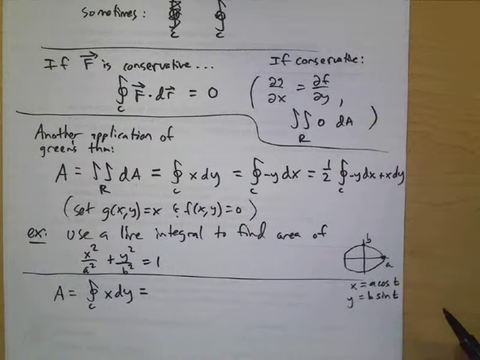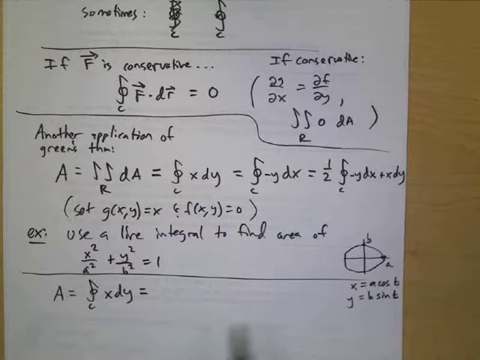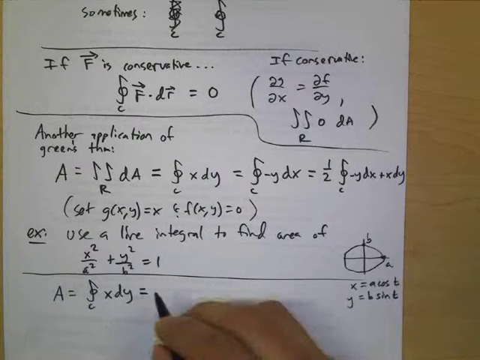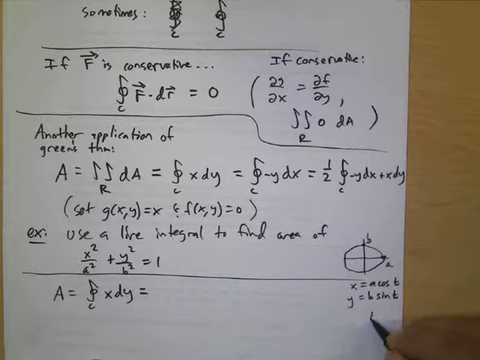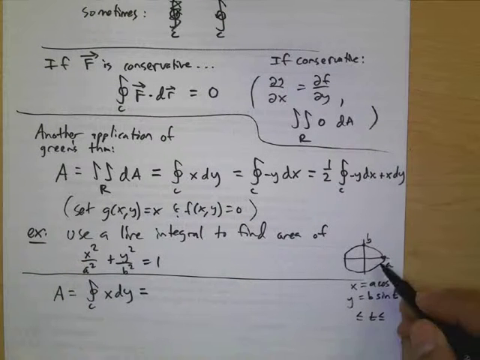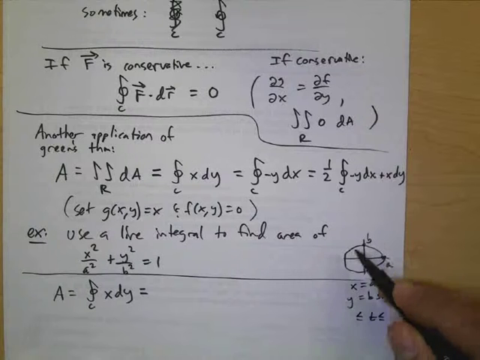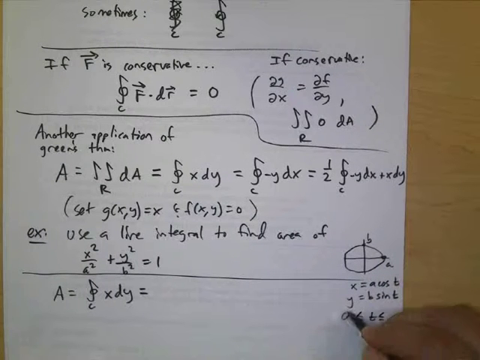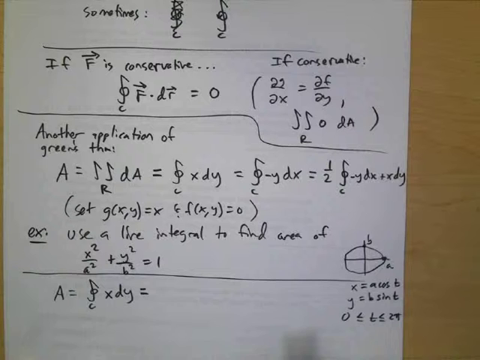Now, using that parameterization, what's t here? From what to what? What does theta, or t in this case, have to be in order to get our whole ellipse? 0 to 2 pi.